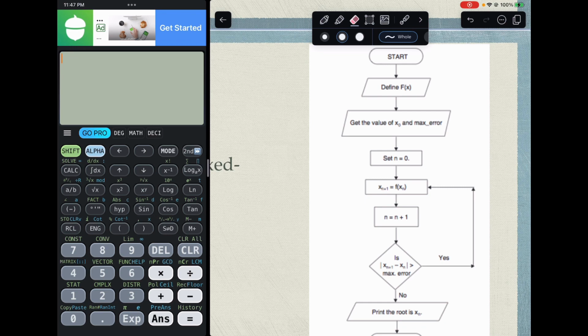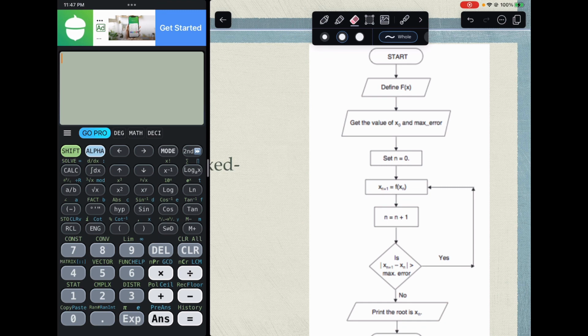From there, we could get the true error, or sorry, this would just be the approximate error. But if we want to find the percent relative error, that would be it.